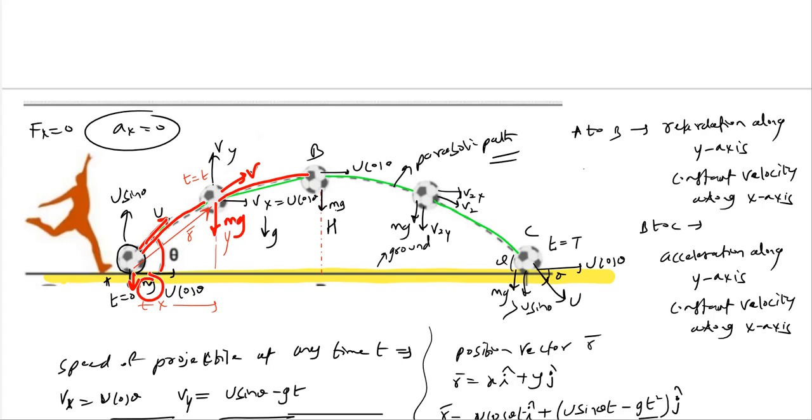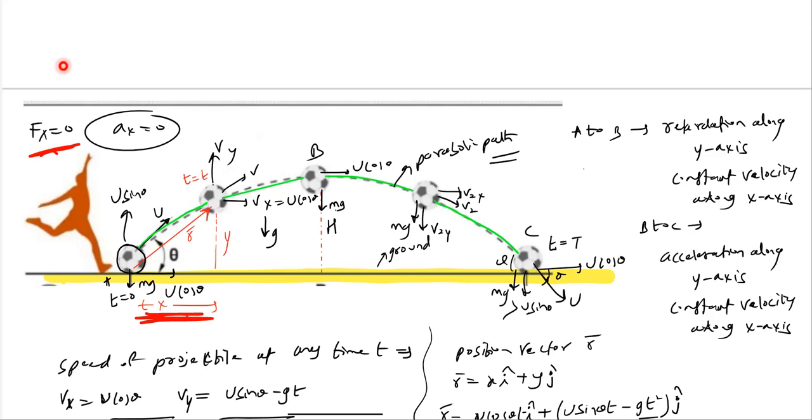Okay, fine. Then as it moves in the parabolic path, the weight will decrease the vertical component of velocity. Then what will happen to the horizontal component? There is no force acting along the x-axis.